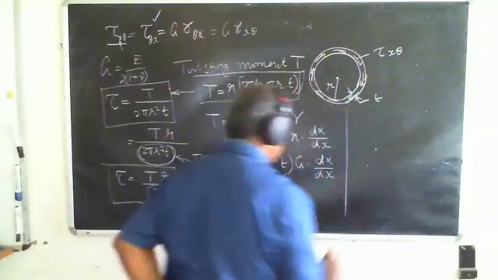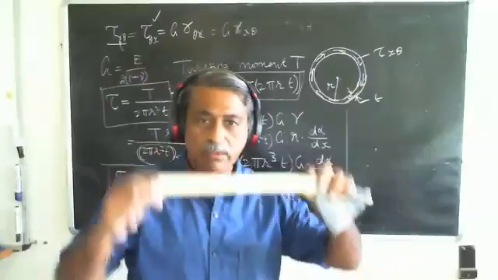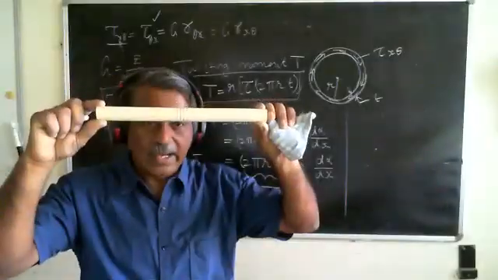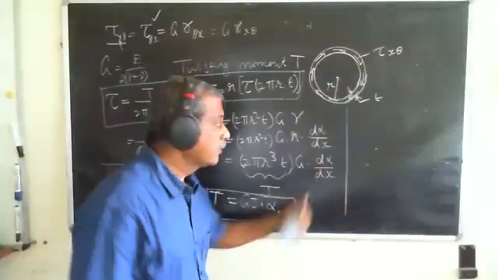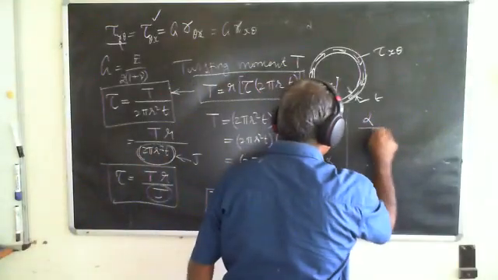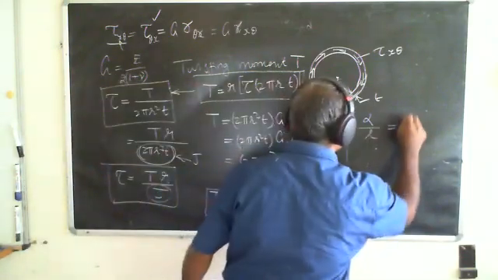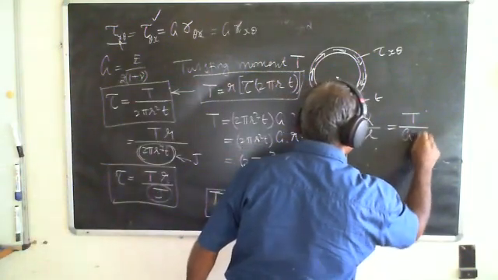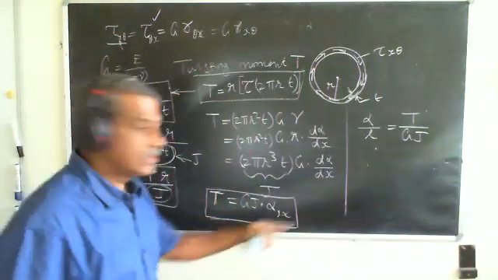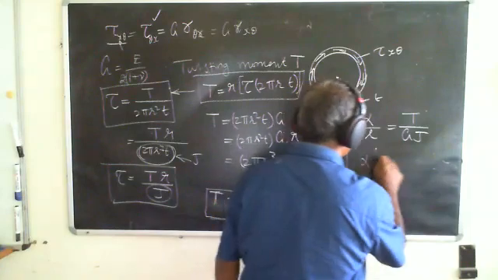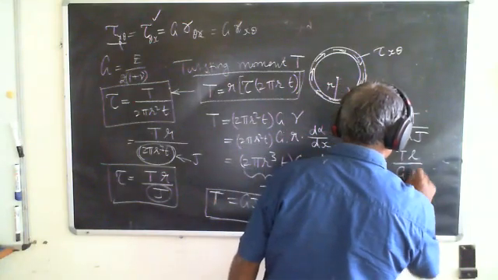One last point: if I have a length L, just like what we did in axial deformation, then this will become alpha by L, from this equation equal to T by G J. Agreed? Or alpha is equal to T L by G J.